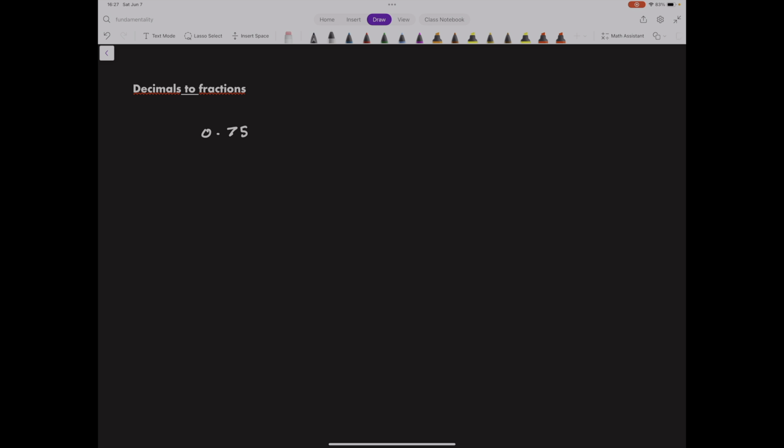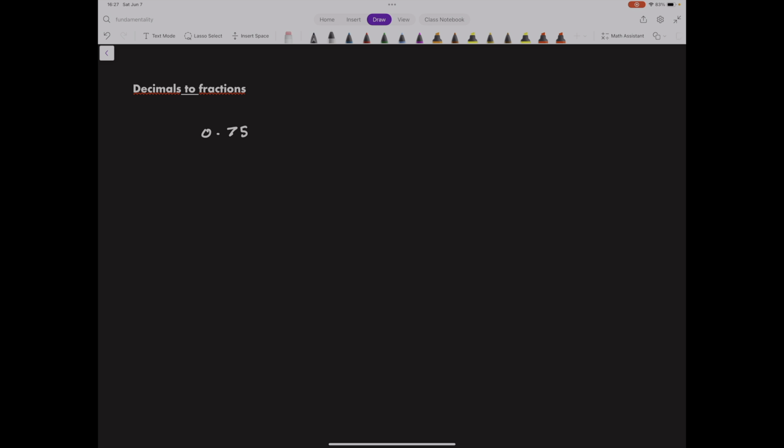And how we're going to do that is we're going to times it by either 10, 100, 1,000, just something to shift it along the place value until there's no decimal left. But then we've got to realise anything we do to the numerator, we've also got to do to the denominator to not change the value, to keep it the same.